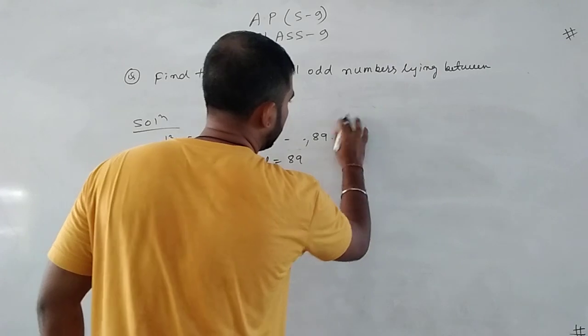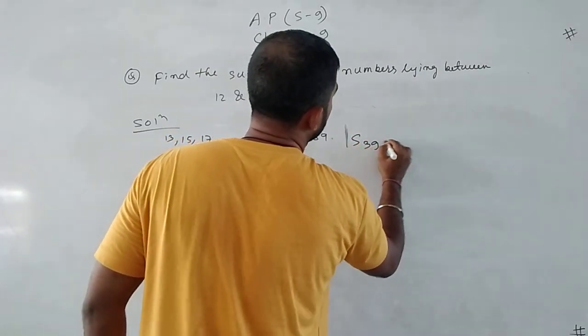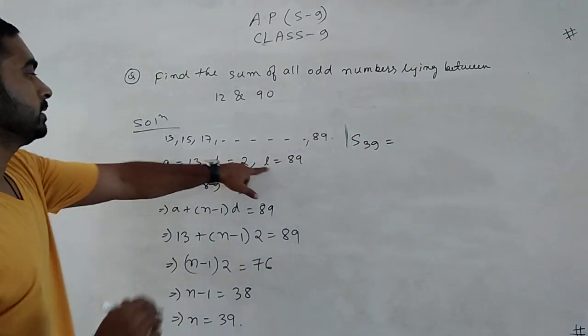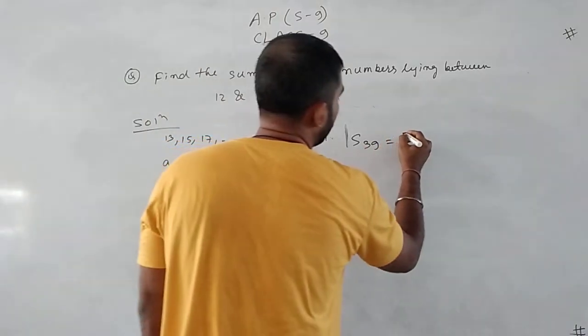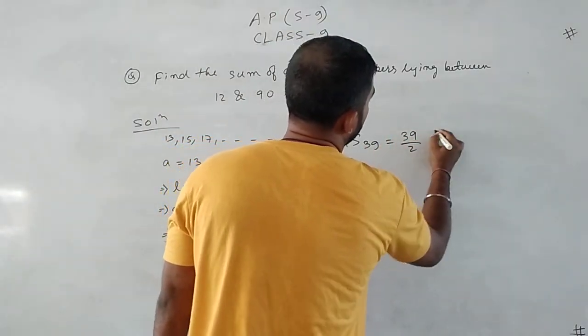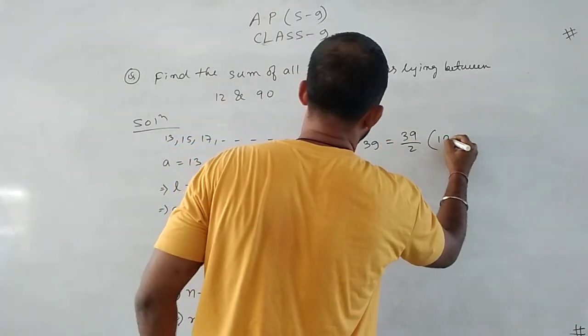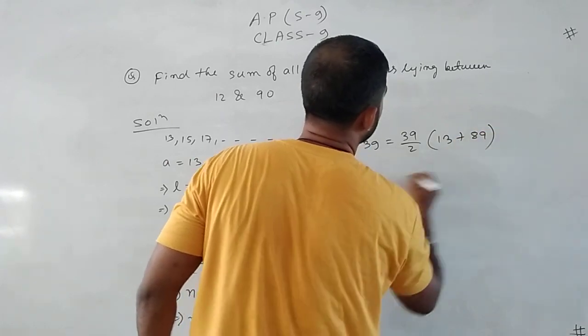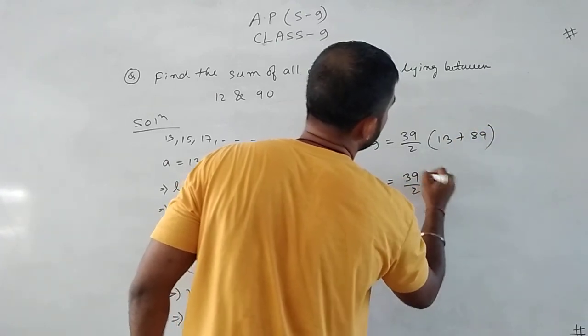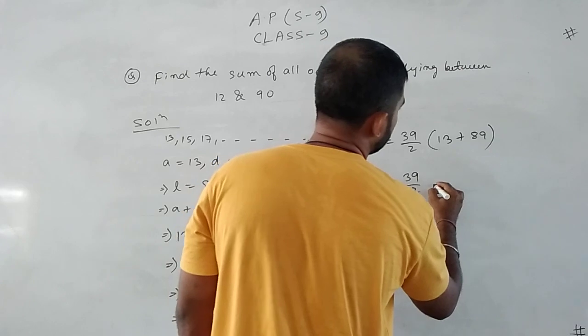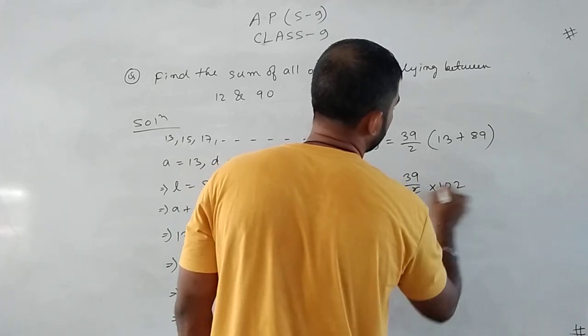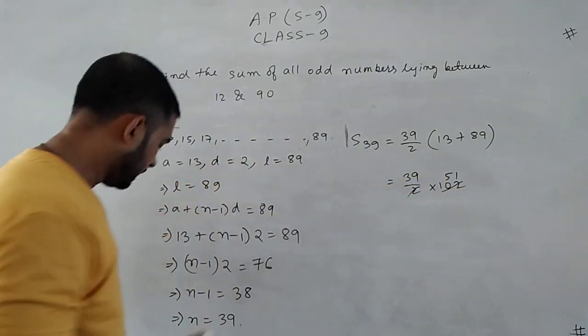So S39. Now here see first term known, last term known. So we can use the formula n by 2 (a plus L). 39 by 2 times (13 plus 89). Their sum equals how much? 102. That is 51. Now multiply them. What is the product?